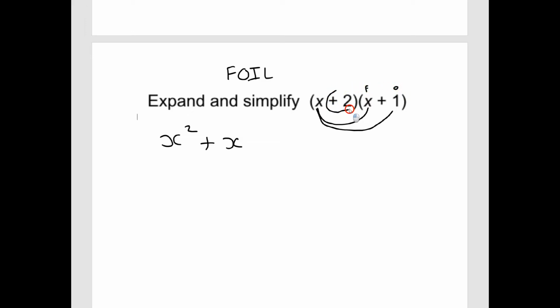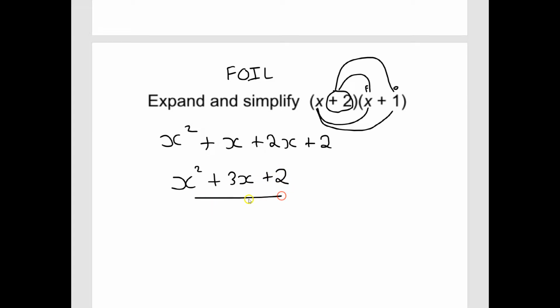Now we do plus 2 times x, that's the inside, that's plus 2x. And then you do the last, which is plus 2 times plus 1, which is just plus 2. So we have x squared plus, and then x plus 2x is 3x, plus 2, and that is our expanded expression.